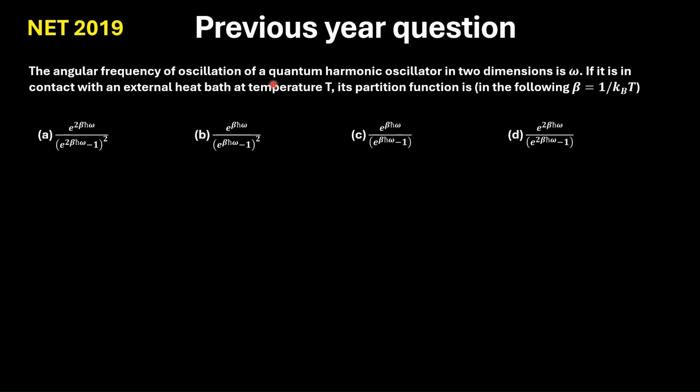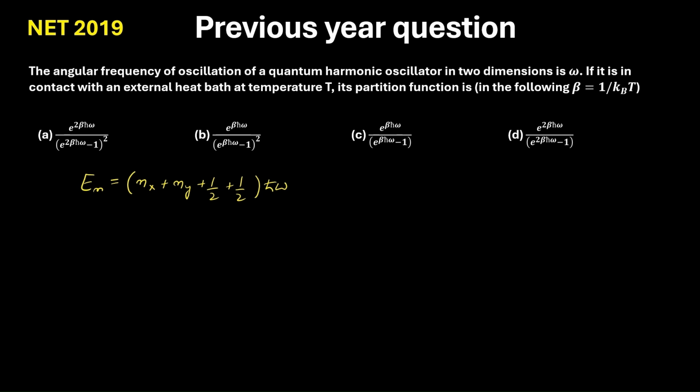In this question, we are given a quantum harmonic oscillator in 2 dimensions with frequency omega. Since the omega is the same in both dimensions, it is an isotropic quantum harmonic oscillator, and we have to find the partition function. Now let us write the energy. From quantum mechanics, we know for a 2D isotropic harmonic oscillator, we have 2 quantum numbers, nx and ny, and the energy is (nx + 1/2 + ny + 1/2) h bar omega.